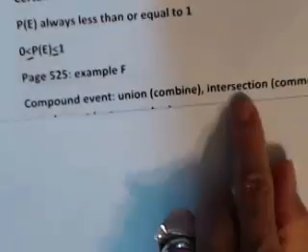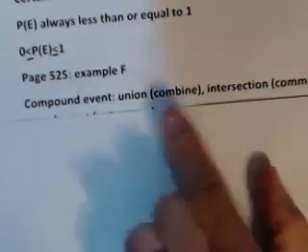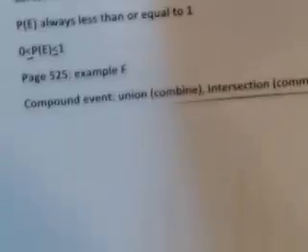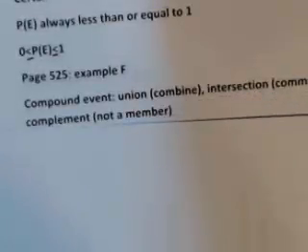Now, in the example that we just looked at, there is no overlapping part. So there is no intersection. We can combine the different areas, but there is no common area to two different colors. And then the complement means that it is not a member of that particular set, but it is a member of the sample space.